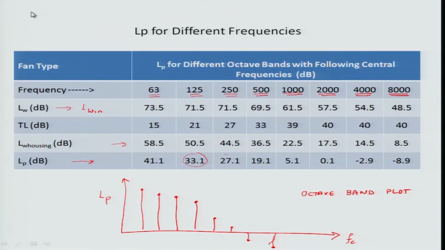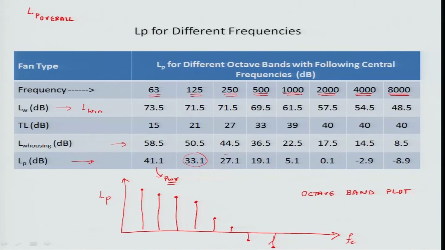Then what we do is we calculate LP overall. And how do you do that? You don't add 41.3 plus 33 plus 27. That will be wrong, because this is on a logarithmic scale. So what we do is we add up the energies or powers. For each of these frequencies we compute the power.